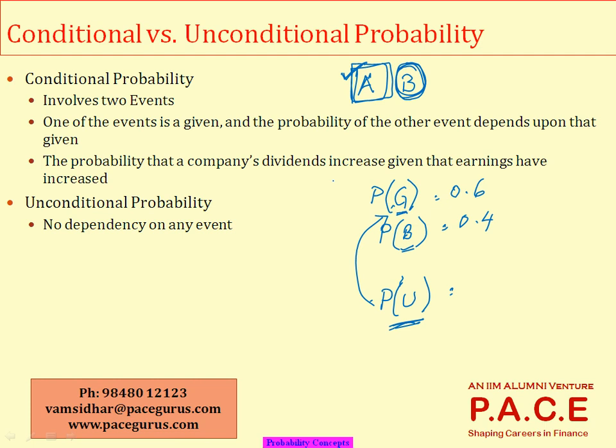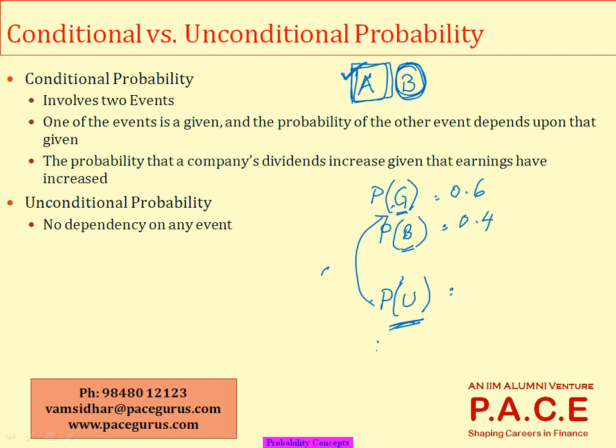There is a 60% chance that it will be good, there is a 40% chance that it will be bad. But unemployment as such, because it is depending on the economy, we call that a kind of probability where we are not looking at the probability of occurrence of an event called unemployment.